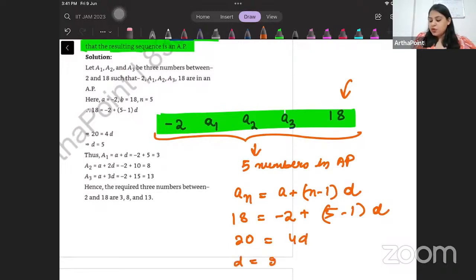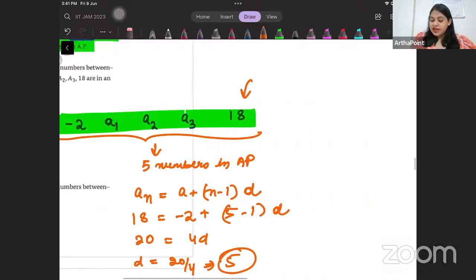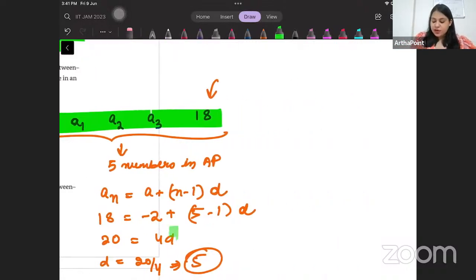So D will be 20 divided by 4, which will be 5. So the common difference that I will have in this case will be 5. Now just add 5, 5, 5, 5 and you will get the answer. So basically, this D that I have found out.